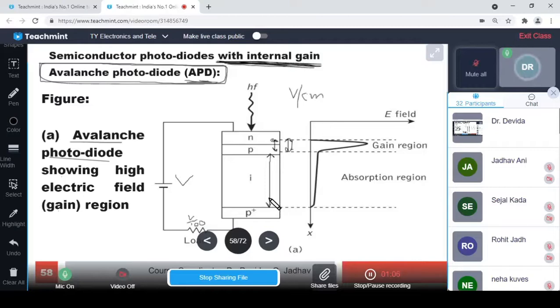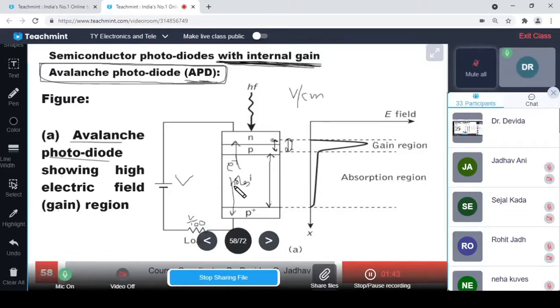This is the same. But while crossing, the electrons produced in the I region travel towards the positive of the battery, crossing the junction, and the holes travel in this direction to the negative of the battery. So there is no problem with the holes.